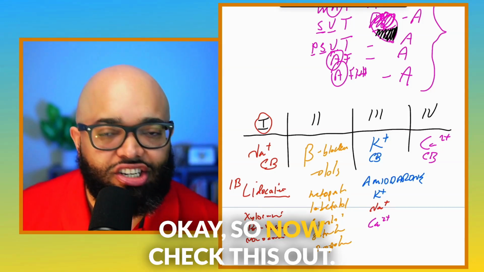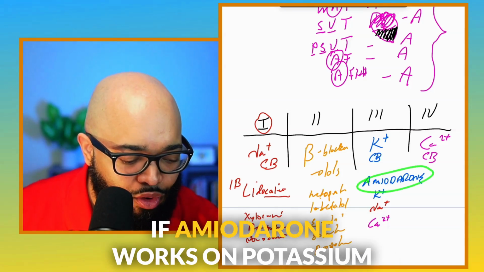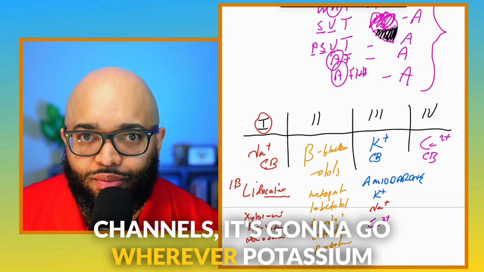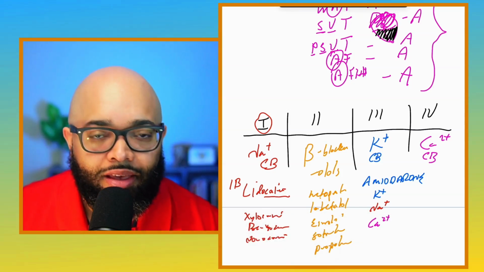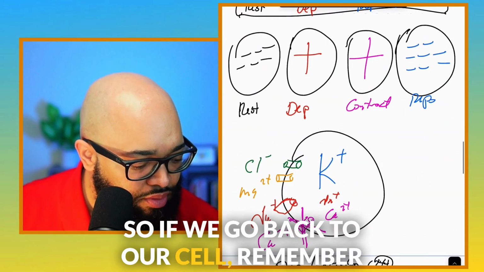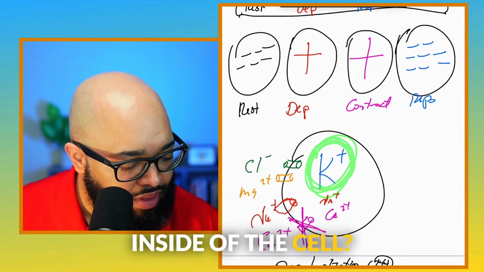So, now check this out. Let me show you how we apply stuff like this. If amiodarone works on potassium channels, it's going to go wherever potassium channels are. They're everywhere. What are potassium channels? If we go back to our cell, remember how potassium was already on the inside of the cell?